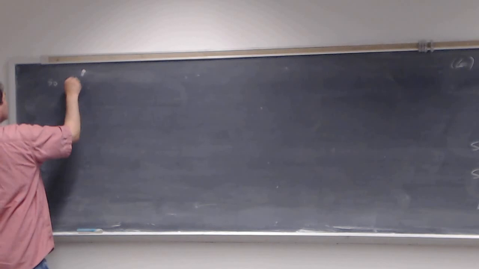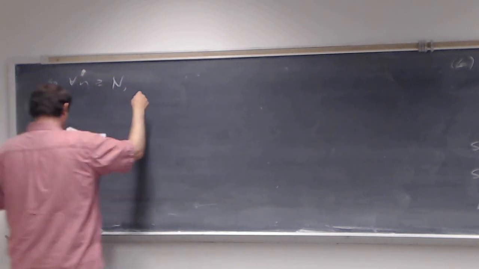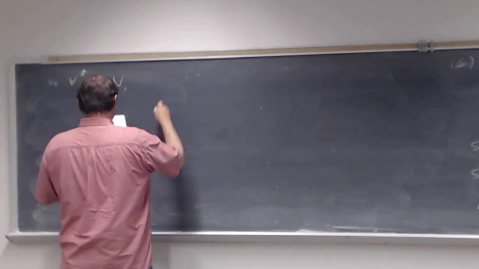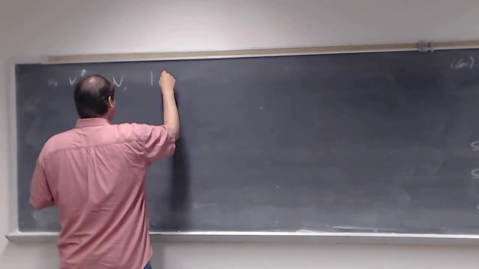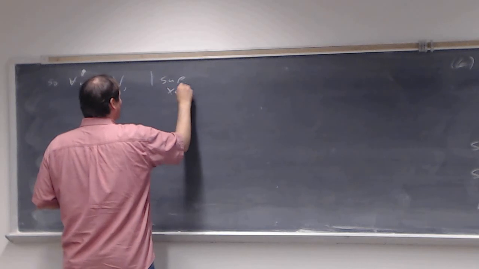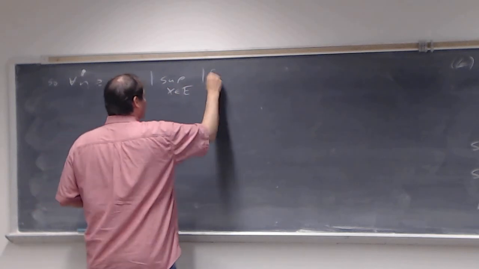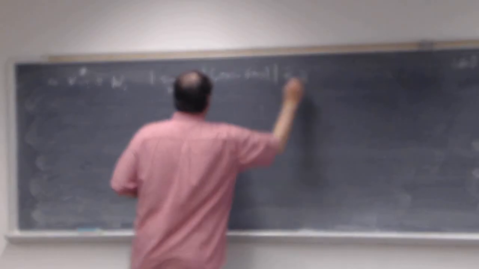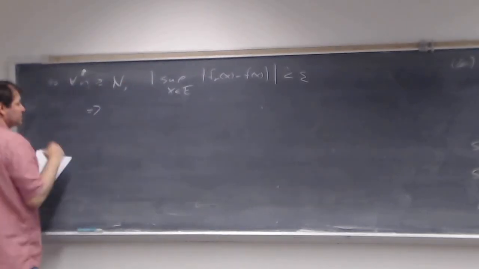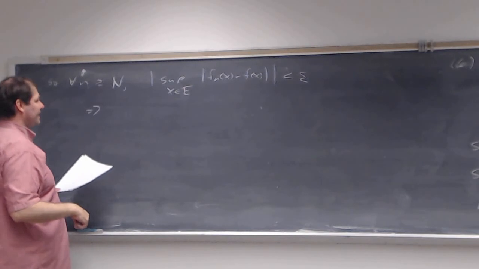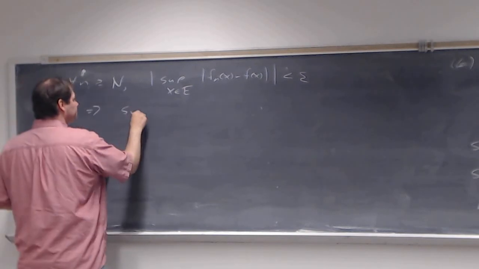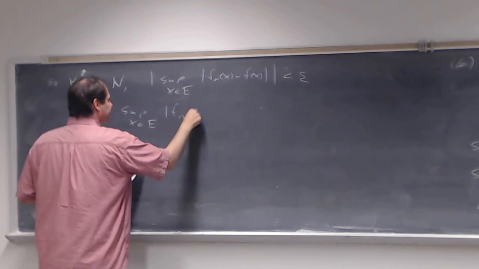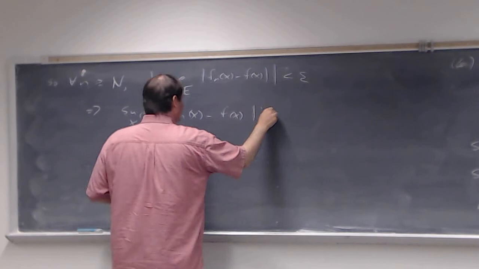So for all n bigger than or equal to this big N, we have that the sup over all x in E of the norm of f sub n of x minus f of x will be less than epsilon, which implies, in this situation where n's are bigger than this big N, that the sup over all x in E of the norms of f sub n of x minus f of x will be less than epsilon.